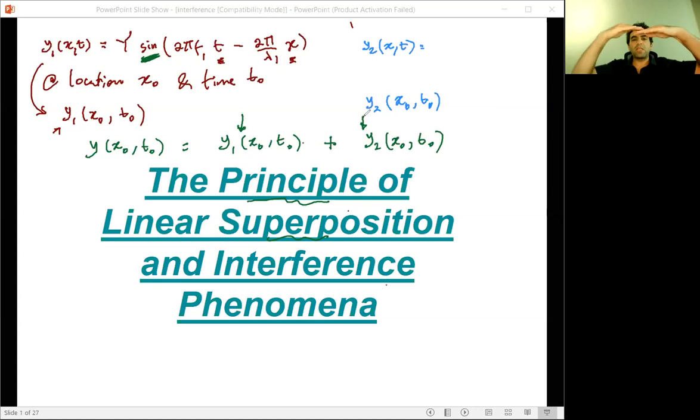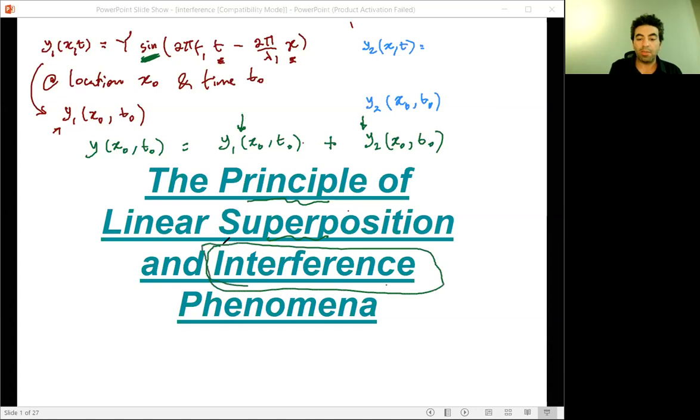If they're both positive, I get a disturbance that is bigger than each of the disturbances. If one is positive and the other is negative, then maybe they cancel each other and I get no disturbance at all, or maybe they're both negative, so I get a bigger disturbance in the negative direction. This idea is called interference, and we'll see a bunch of phenomena that happen when this interference happens.